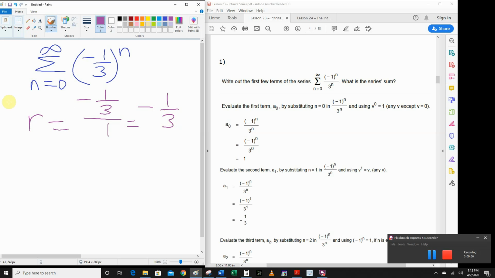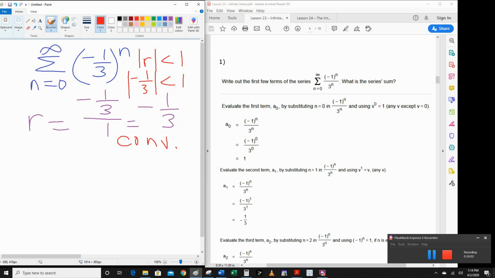Now we can actually find the sum, because according to the geometric series test, if the absolute value of our ratio is less than 1, which is the case here, then our series converges.